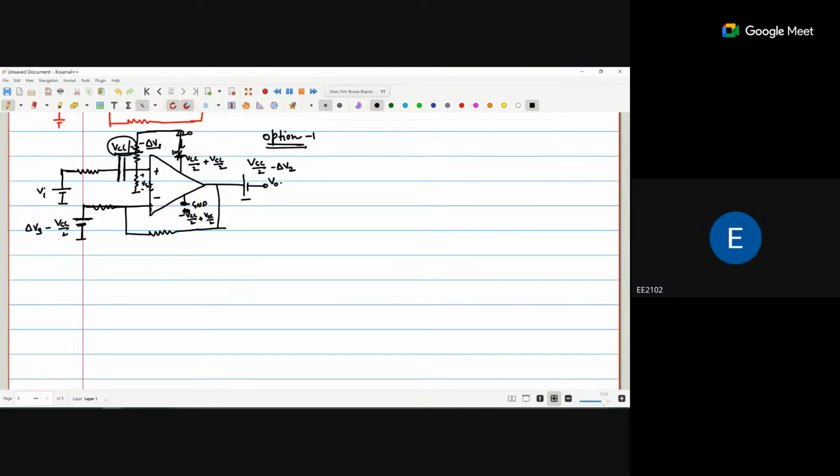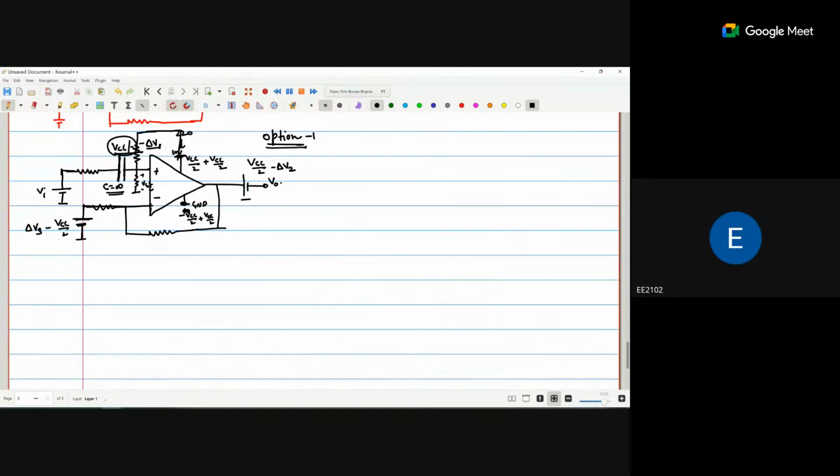So this particular capacitor will be providing you the constant VCC by 2 supply in one condition, when the capacitance is infinity. What is the meaning of capacitance infinity?